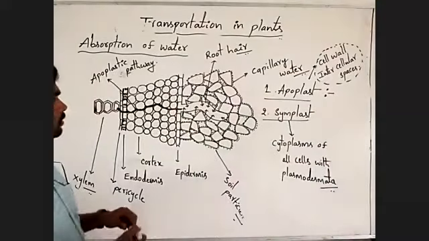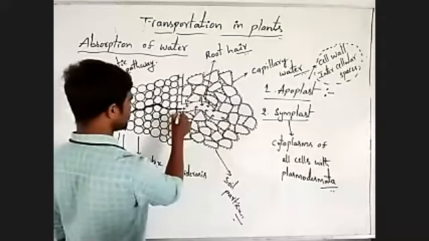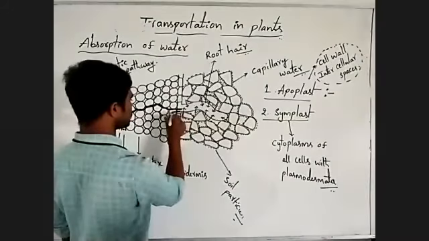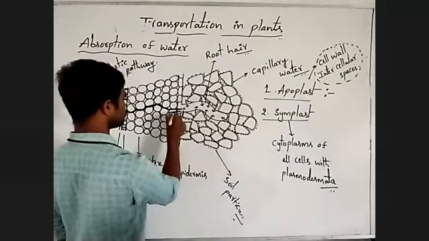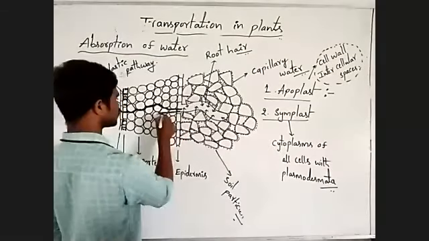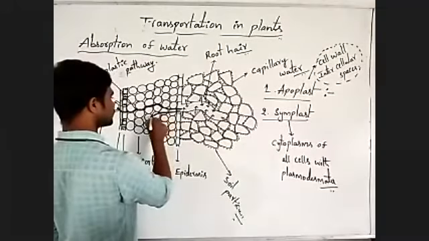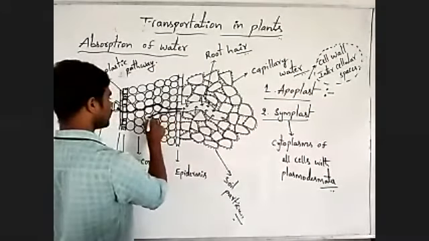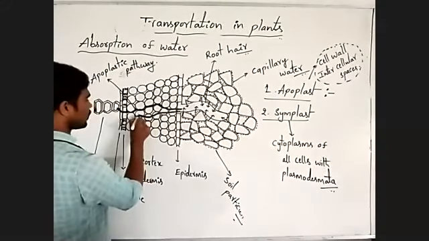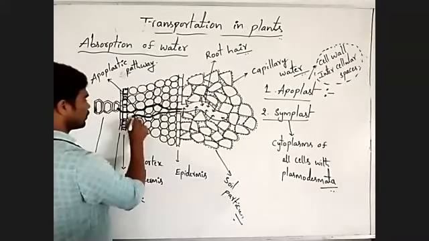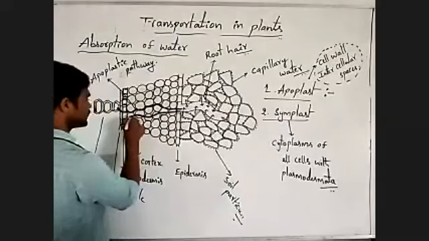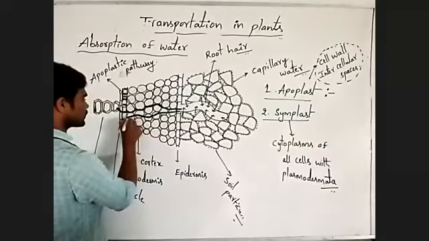Now observe here, in this pathway, water is transported through the inner space system. All cytoplasm of all cells forms the inner space system. It is called symplastic system.